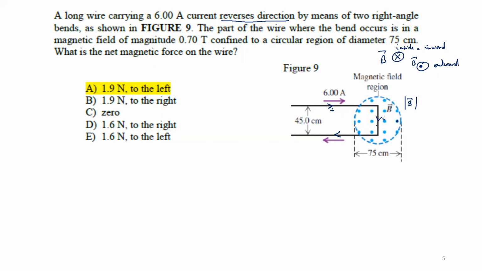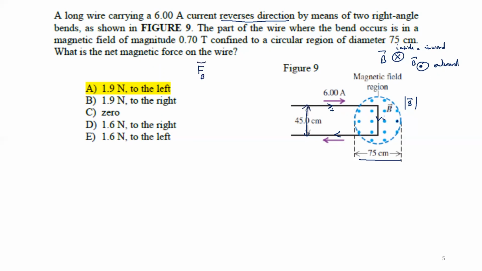And the question is very simple. If I give you this diameter here, and of course this distance here, the question is to calculate the net magnetic force on the wire. As you know, if I have a current carrying wire inside a magnetic field, there is a magnetic force.